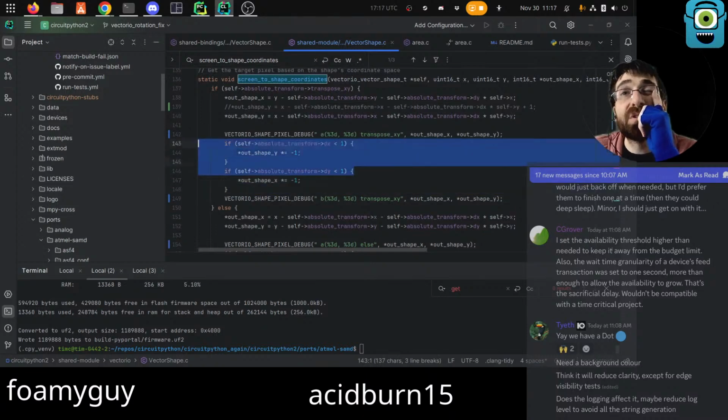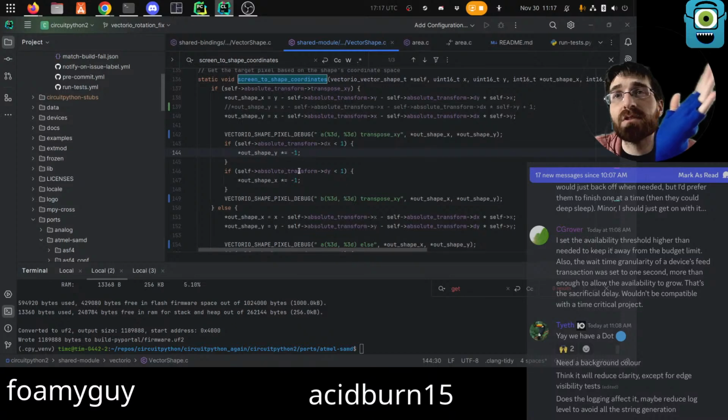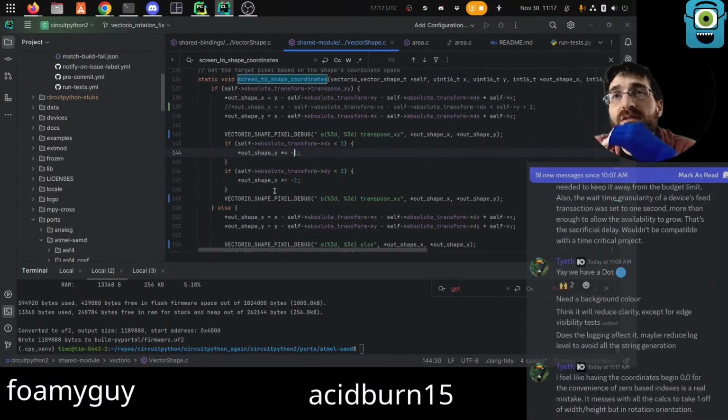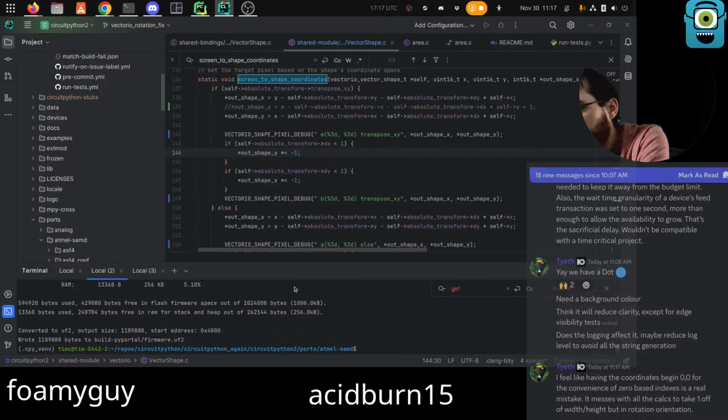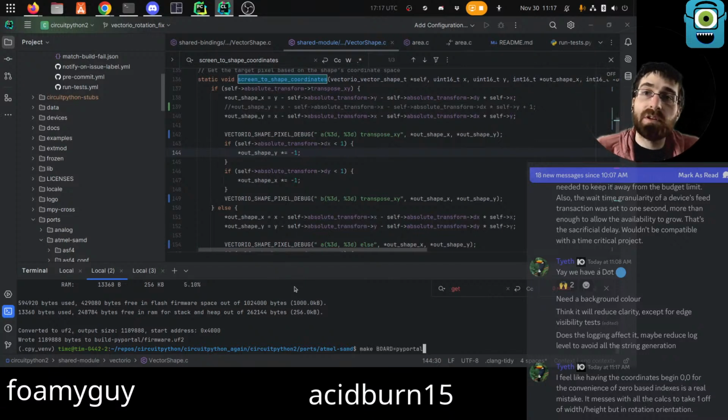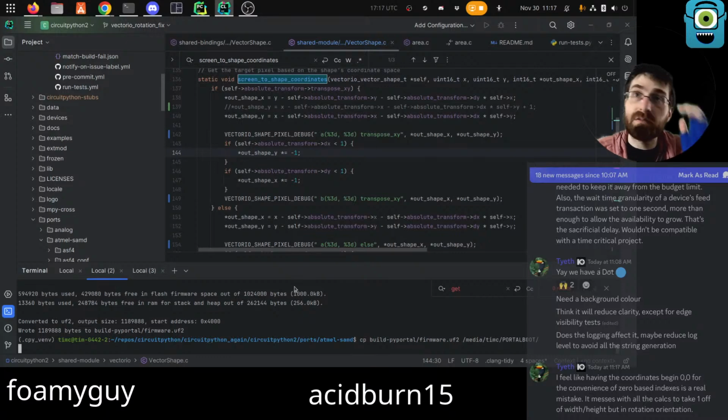Maybe we should only be doing it when one of these is true? Maybe it should be like times -1 and also -1? Like flip the sign and subtract 1? Does that make any? That might be the solution, actually. We're gonna have to turn the logging back on.